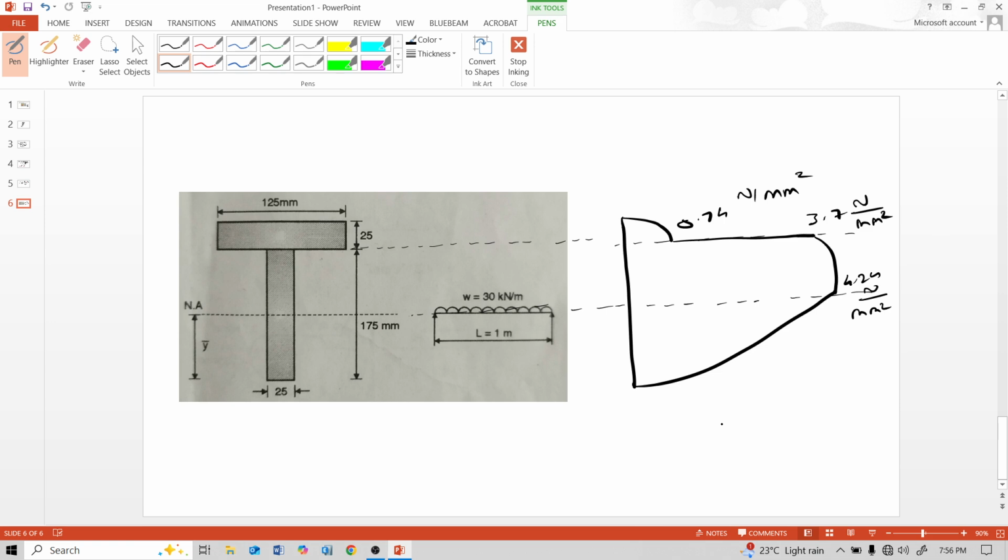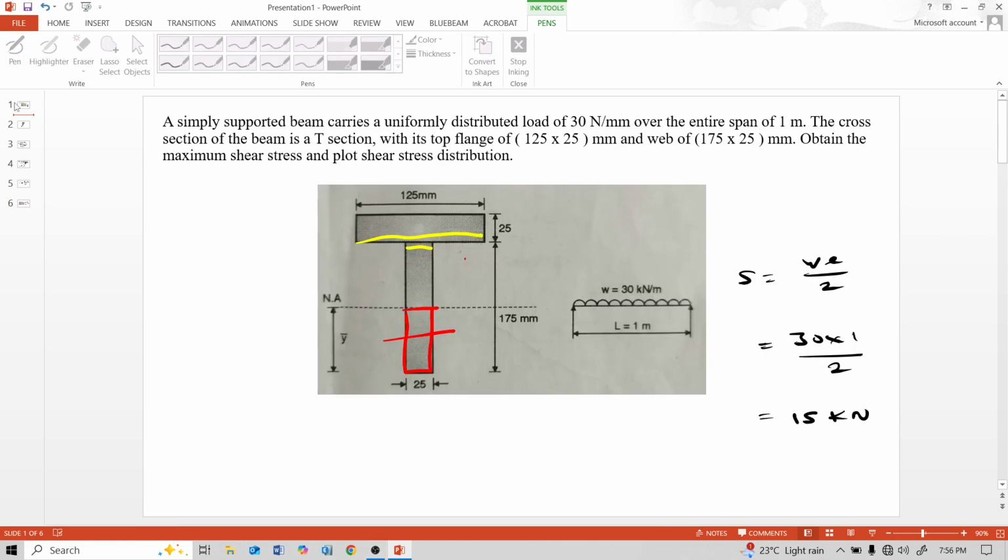This is the shear stress distribution diagram for the T section. Thank you very much.